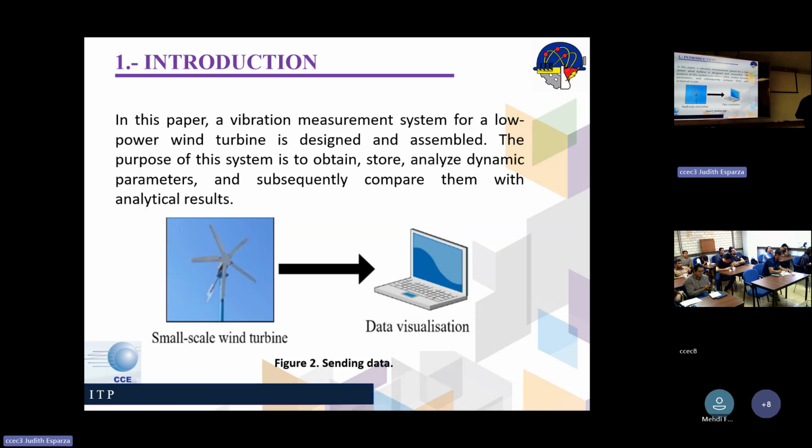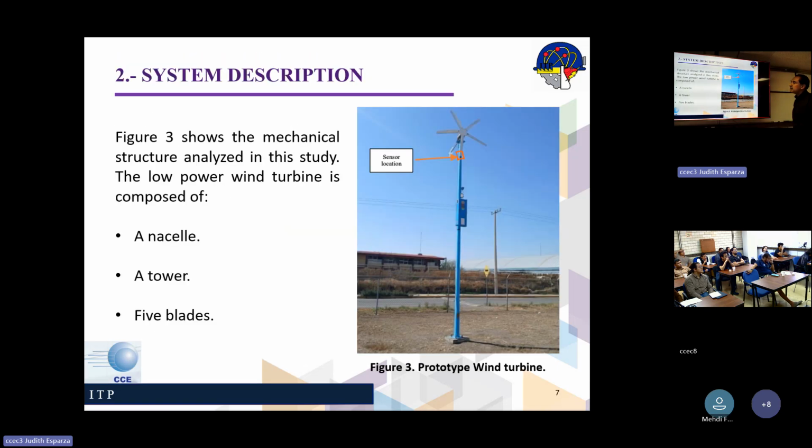If we can obtain at least the natural frequency, we can understand the behavior of the system. So we assembled a measurement system, and this system has one sensor and 2 smart boards. So, first step: number 2, system description.